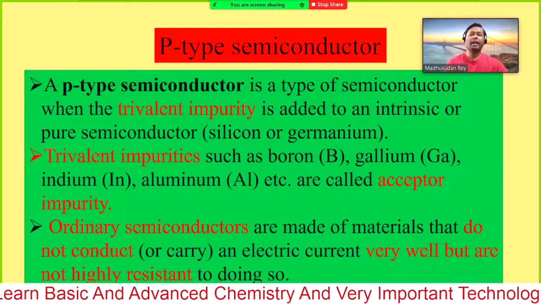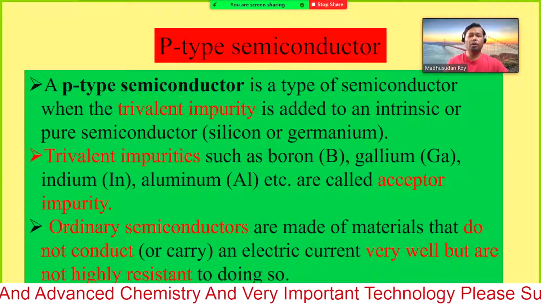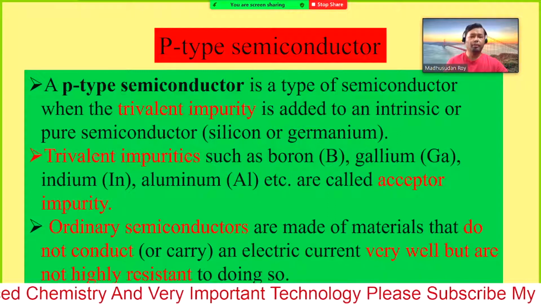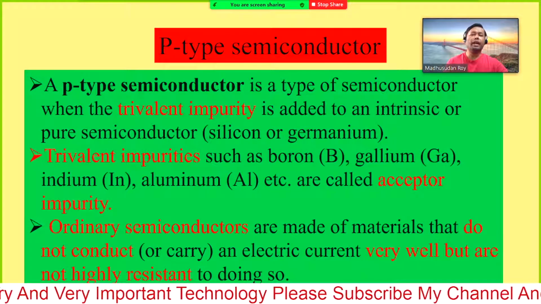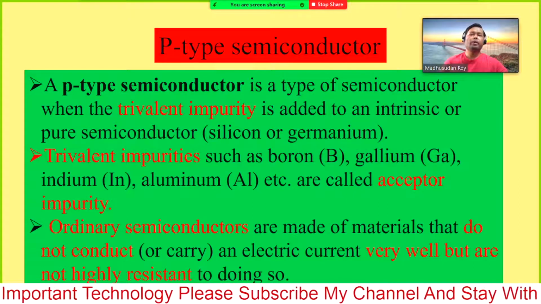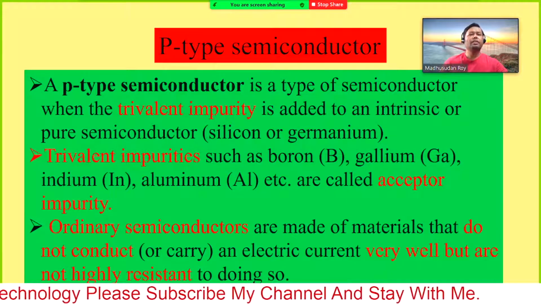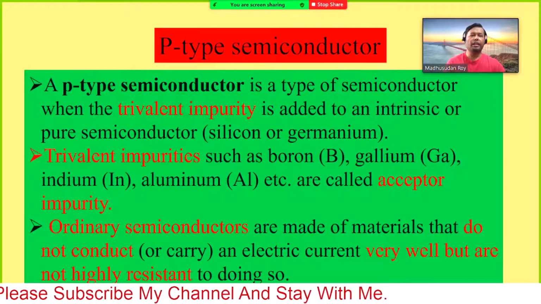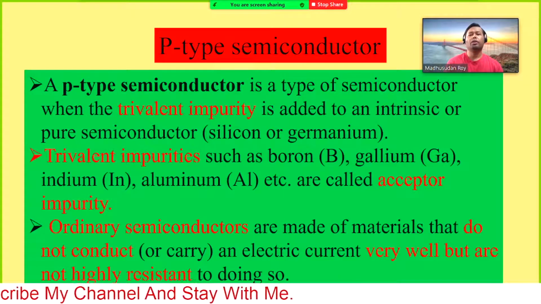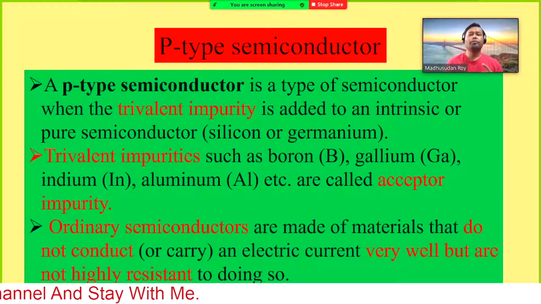So they can have one hole, or one empty space, to take one electron. If we apply some potential difference, then one electron can come to that space. So some flow of electron can be generated. Therefore we can have a p-type semiconductor.